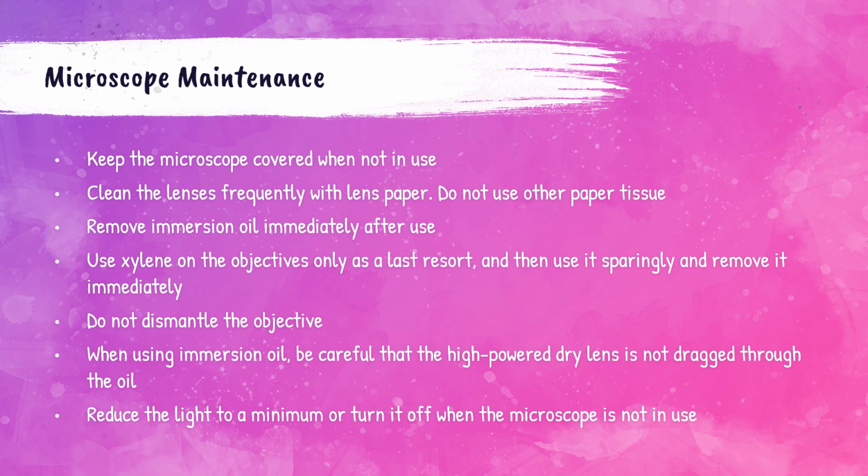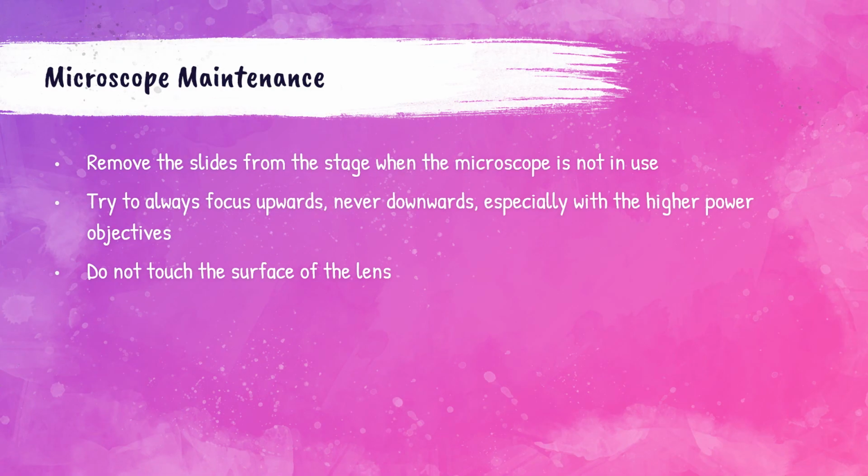It is also important to note that when using oil immersion, you do not want to drag other objective lenses that do not use the oil through it. This can damage those lenses. Do not ever dismantle the objective lenses either. Now, when not in use, make sure to turn off the light source of the microscope. Also, when not in use, the slide that is put up on the stage for viewing needs to be removed.